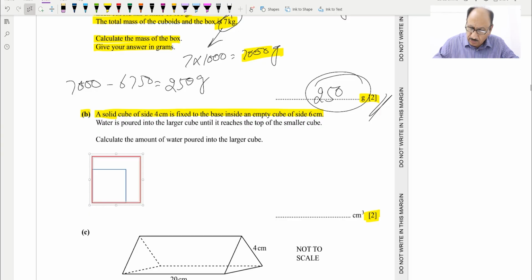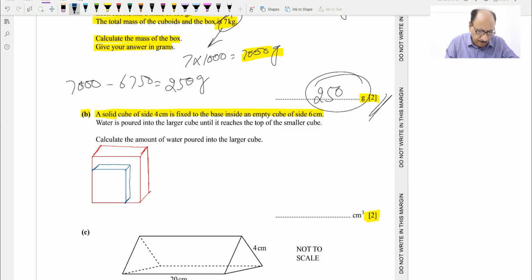I'll change the color so that you can understand properly. First I will complete the red cuboid, which is the bigger one, having all sides as 6. So this is the bigger cuboid, and there is another smaller cuboid which we can draw over here.